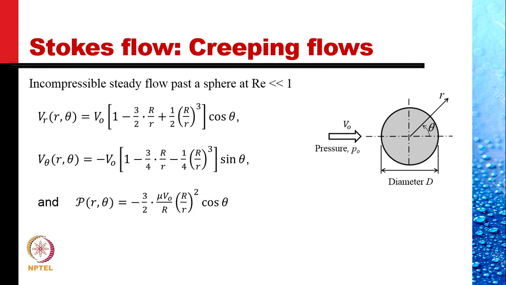It's called a creeping flow in fluid mechanics. The solution is possible, but it's not easy. We give here the solution in the spherical polar coordinates. The r velocity is like this, the theta velocity is like this, and the pressure is given by this expression.